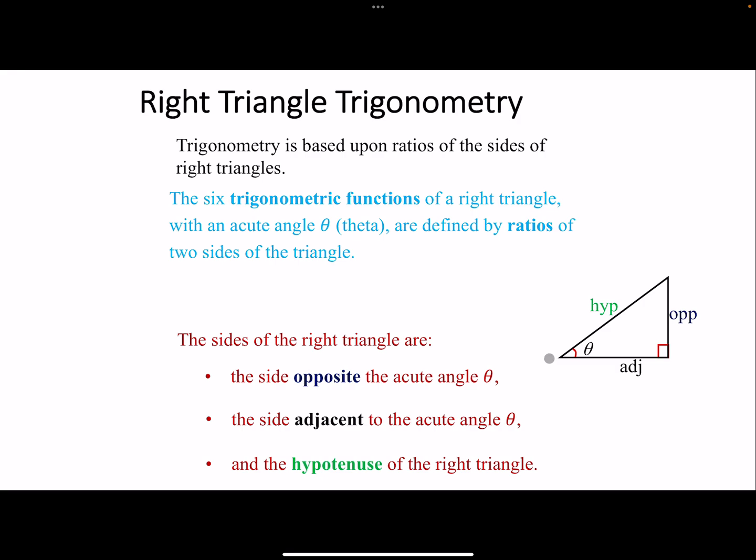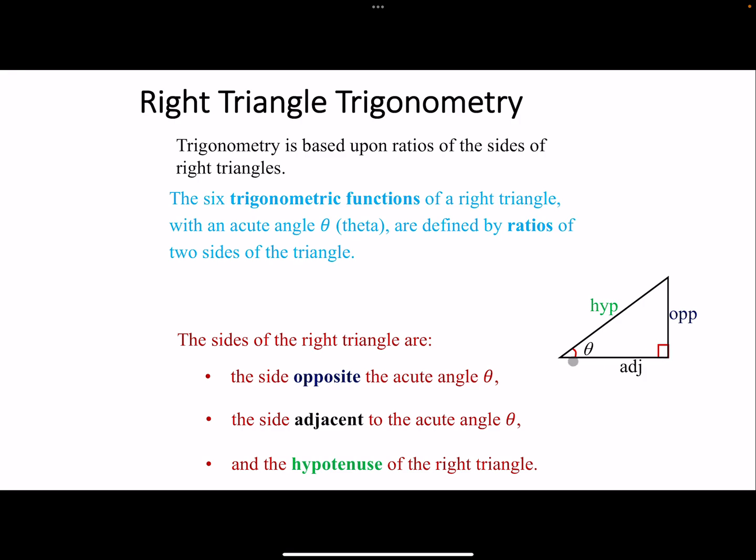So if I'm looking at this triangle on the right, okay, let's say that we call this bottom left-hand angle theta, okay? The hypotenuse never changes, it stays the hypotenuse. Directly across is the opposite side, which is right here. And then the angle is created by the hypotenuse and the adjacent side, which would be this side, okay?